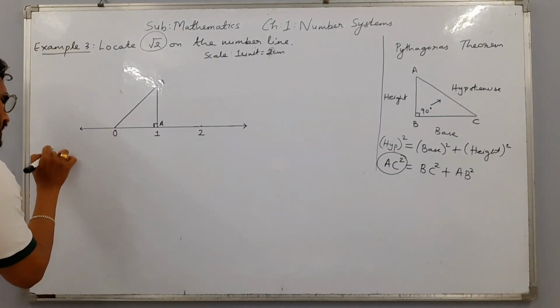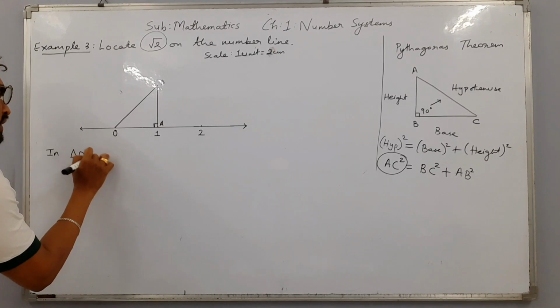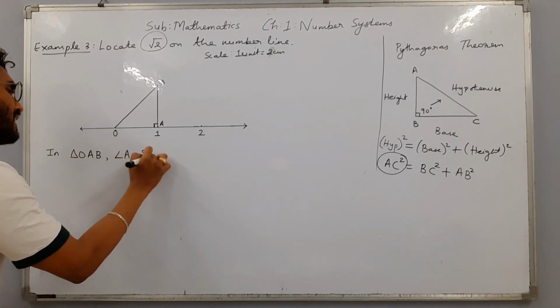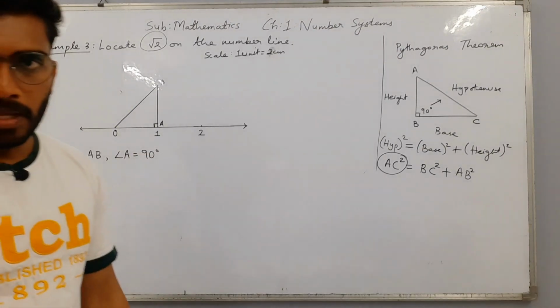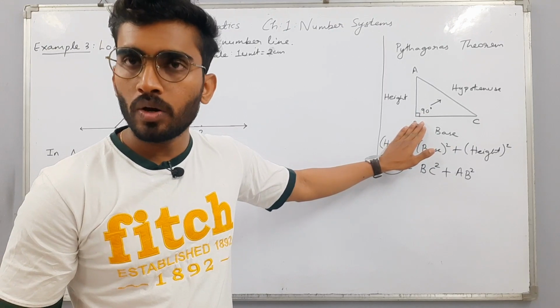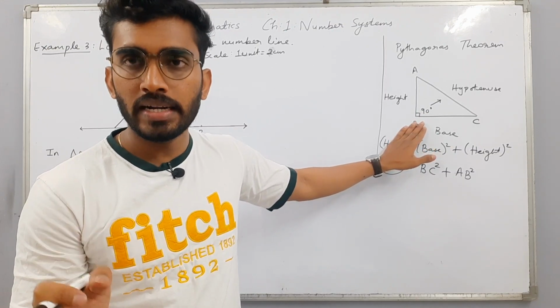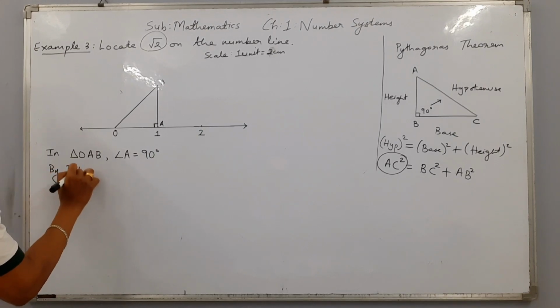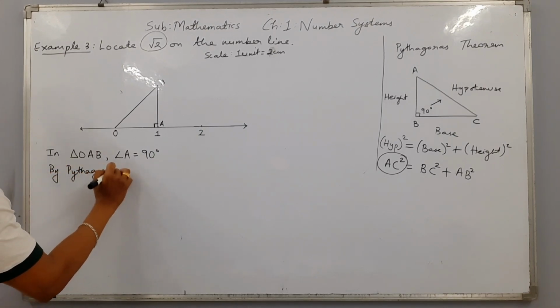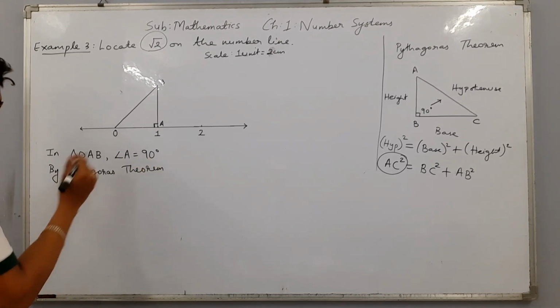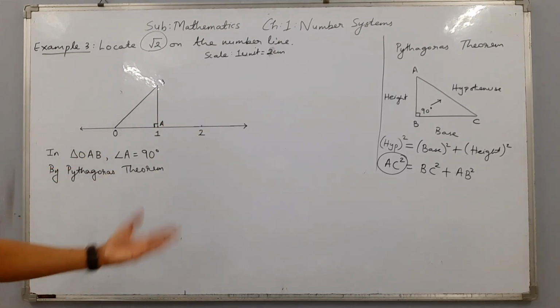So here I will write, in triangle OAB, my angle A is equal to 90 degrees. And if it is 90 degrees, I can use which theorem? Pythagoras theorem, which is only for right triangles. So I will write, by Pythagoras theorem, applying that theorem here, hypotenuse square first.